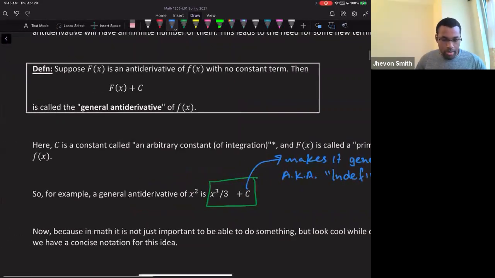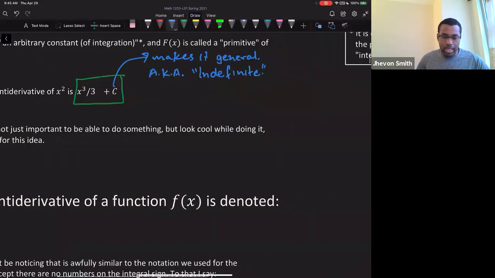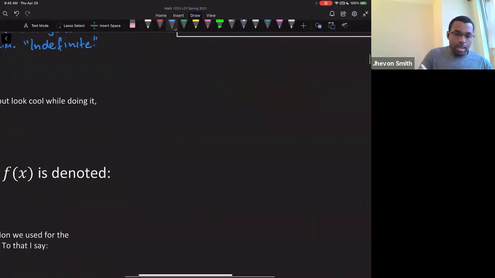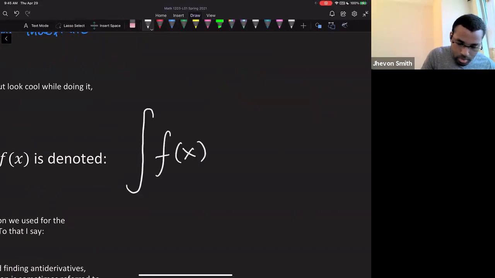And we also have a very important notation for this. So the general antiderivative of function f of x is denoted, and here's the foreshadowing, that's the notation that we give it. We don't give it big F of x plus c. You'll notice that there's no a and b on this.